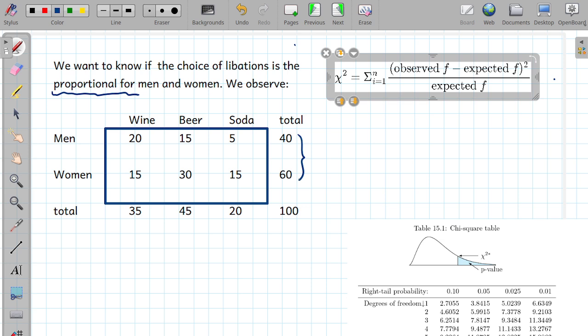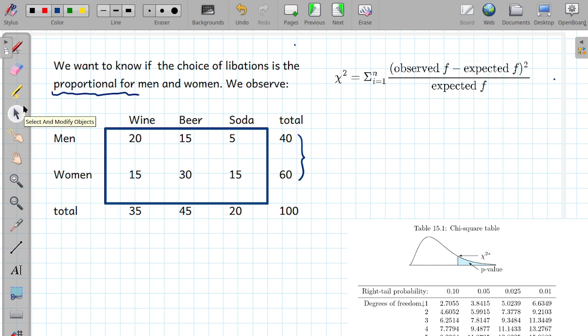So let's set this up. Okay, so the null hypothesis for this is that we have proportional distribution.